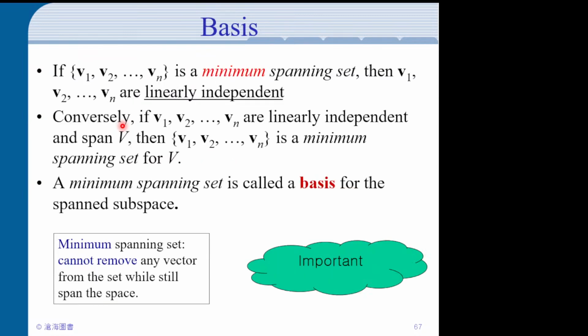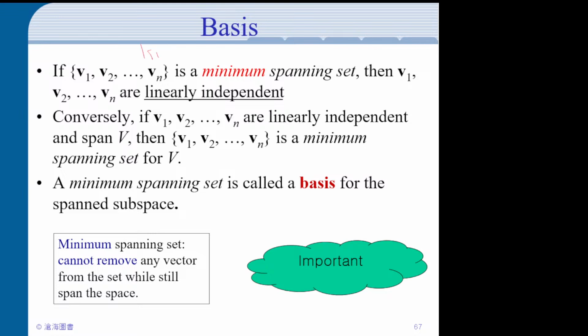So as we say, we want to find a minimal spanning set. That means we cannot remove anything from the set anymore while still spanning the same thing. And then v1 to vn must be linear independent for this to be a minimal spanning set, because we are proving this in a negative way.